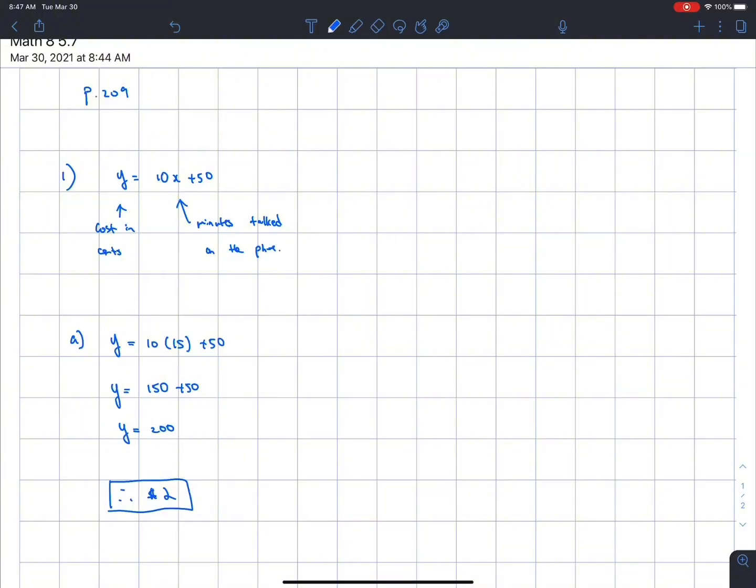B, they want us to graph this equation. Okay, my grid here is not big enough, but I'll just do up to 15.